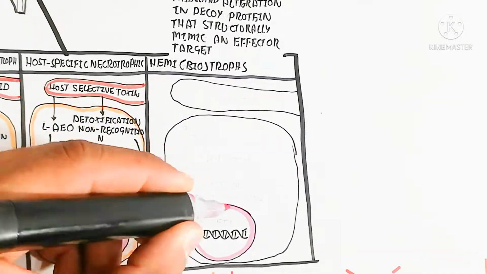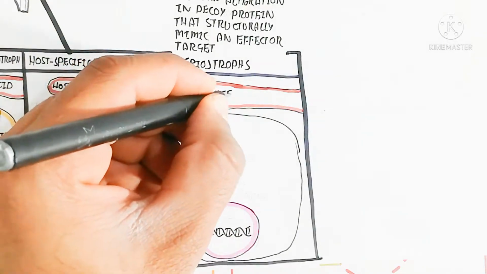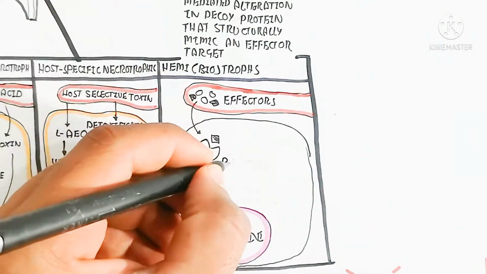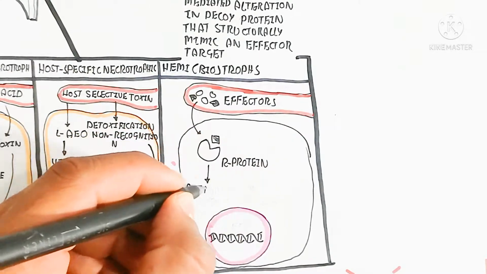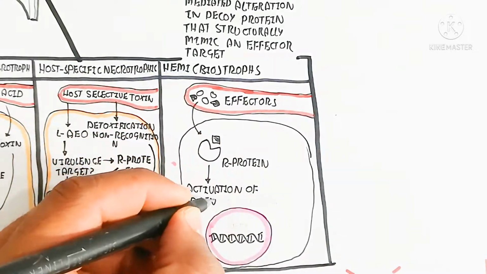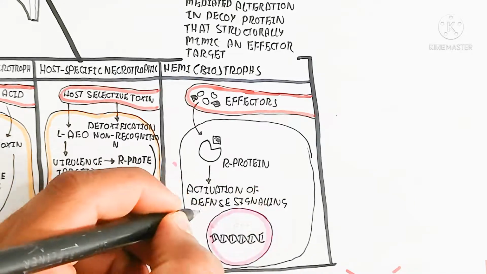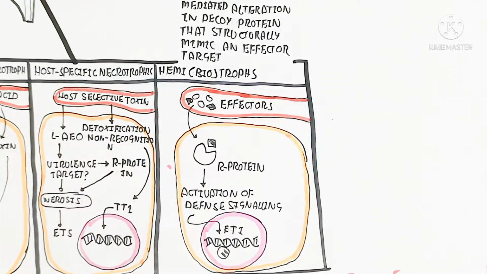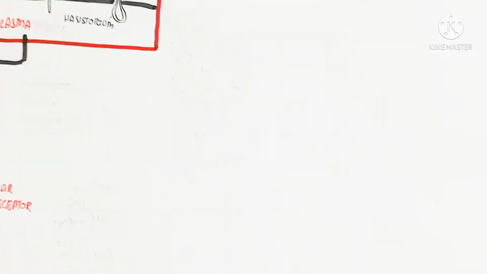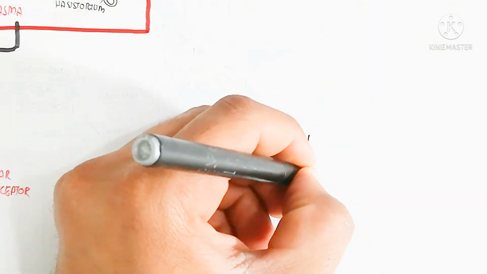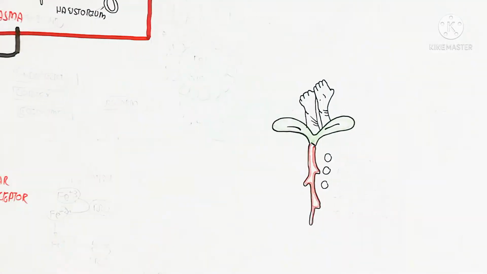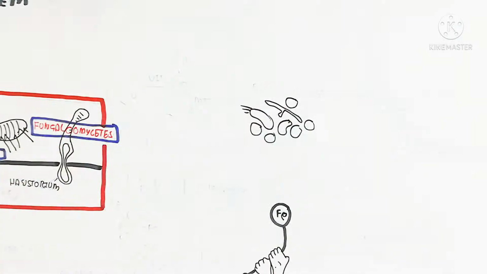This R protein will trigger the necrosis, and this virulence target will trigger the R protein, and the necrosis will occur, and in this way the effector triggers the system. On the other hand, here is the TT1, which triggers and produces this, while the hemibiotroph also uses the effector and binds with the R protein to activate defense signaling.